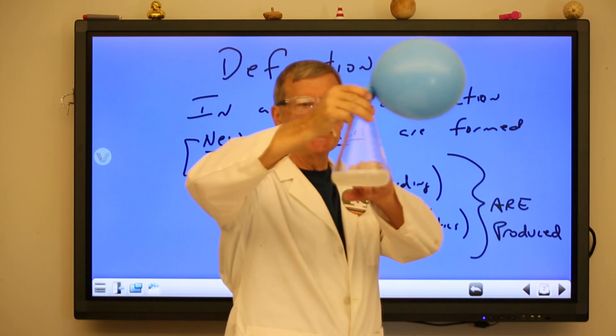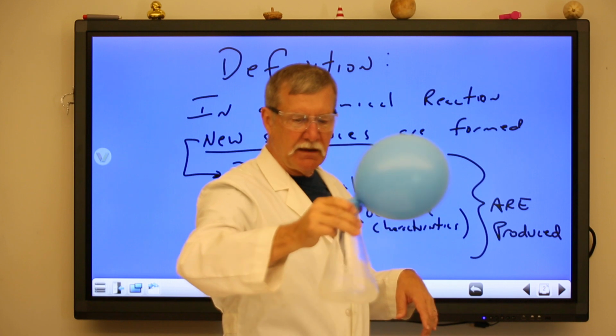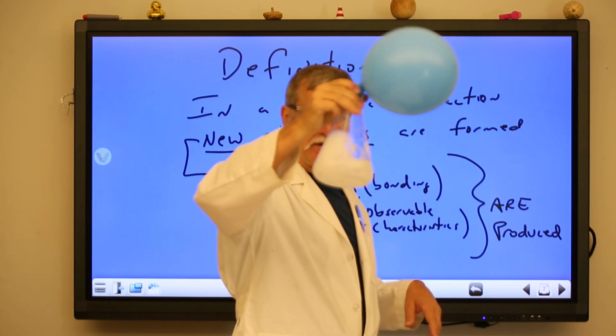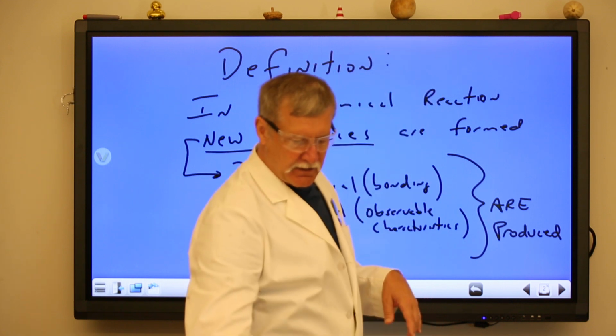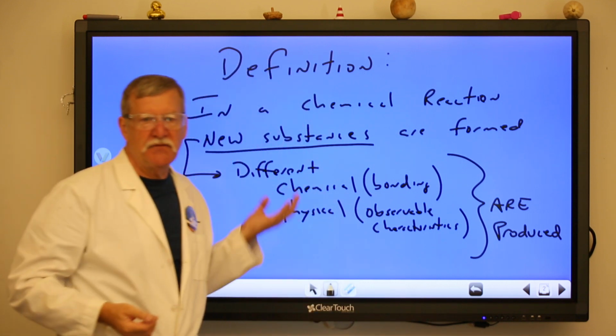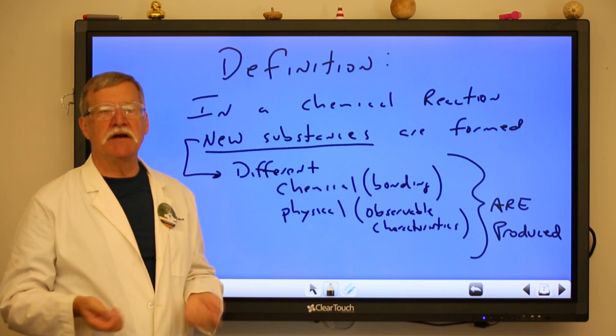We see physical characteristic production of bubbles, all right? And we see that the more I shake it, the more I smash it together, the more bubbles I get, all right? And we have new stuff being formed, which is the basic definition of a chemical reaction.